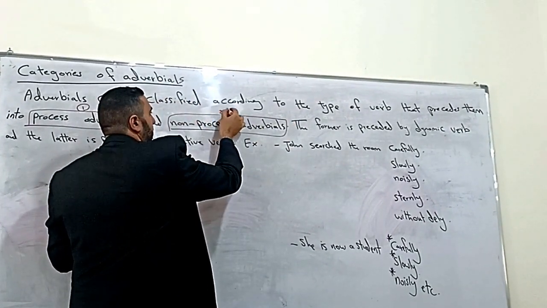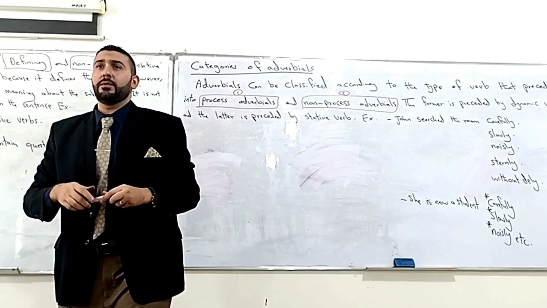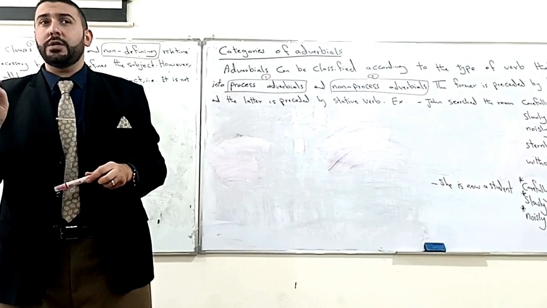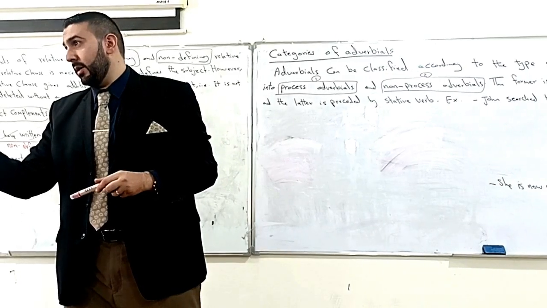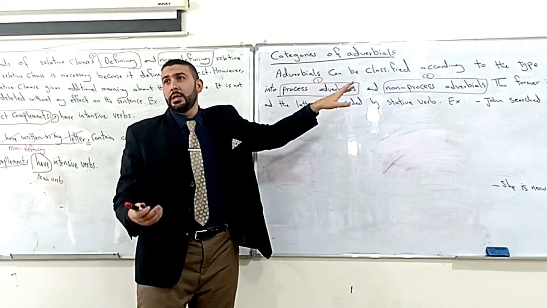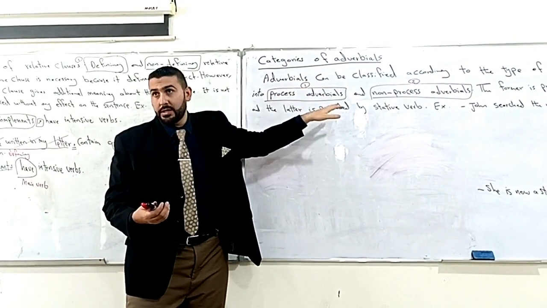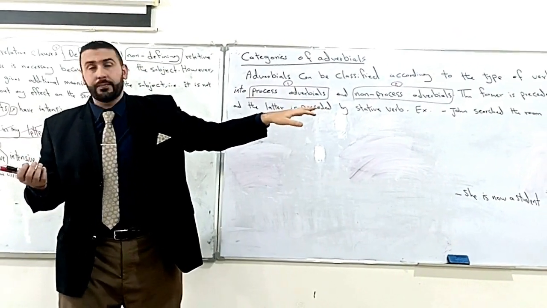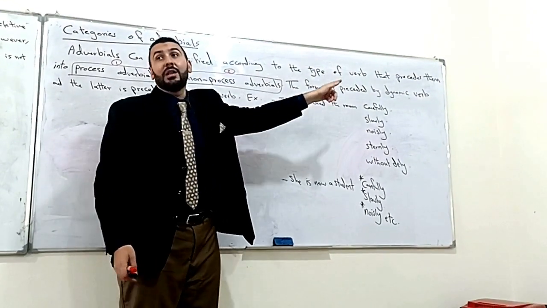Okay? In the computer, if you have laptops or computers, we have this term, process or processing. It refers to the continuity. It refers to the progression, okay? So from its name of process adverbials, you can feel that these kinds of adverbials are preceded by dynamic verbs, okay? So the former and the latter.